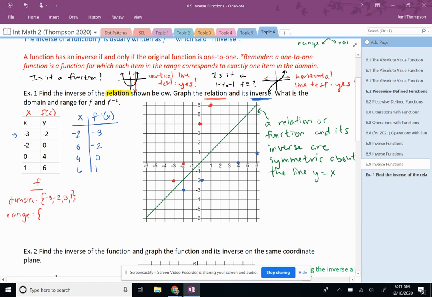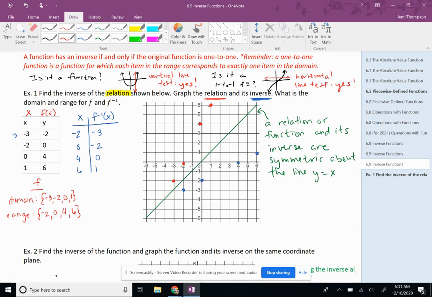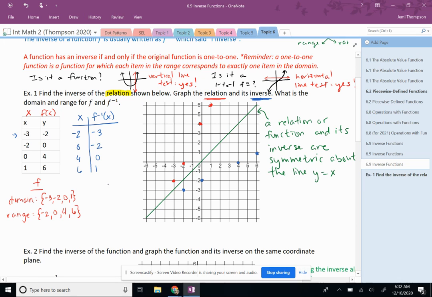Similarly for the range, the range is going to be made up of a list of these numbers. So -2, 0, 4, and 6. All right, then when I rewrite this for the f inverse, as previously discussed, the domain and the range just swap.